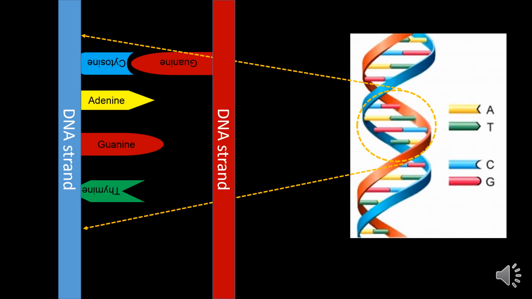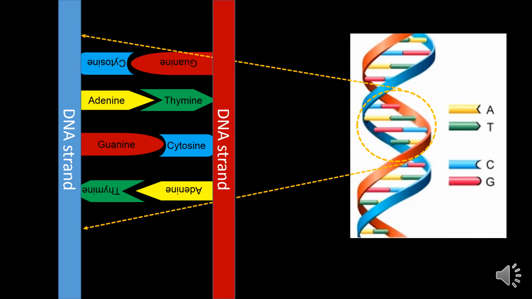Adenine pairs with thymine. The guanine will now pair with cytosine. And finally, thymine will complementary pair with adenine. This rule will repeat itself all the way along the DNA molecule.